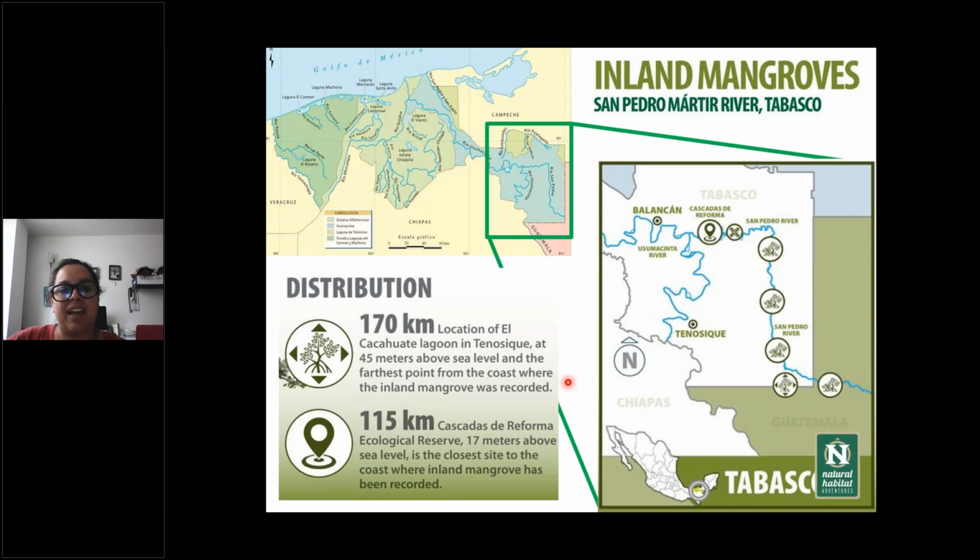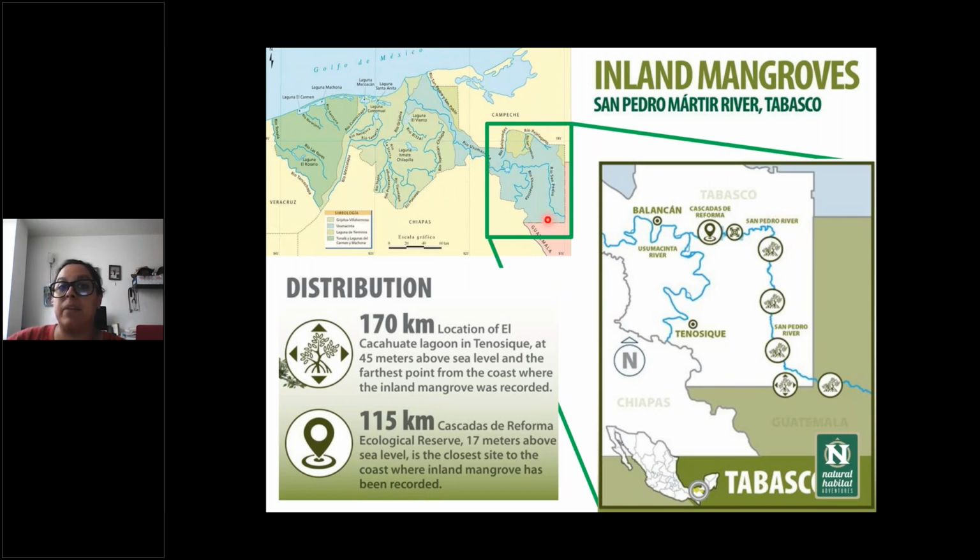So it turns out that from a little bit before the last ice age, the sea level was basically covering all of Tabasco, coming all the way over here and putting the coastline by this area, by the Rio San Pedro.